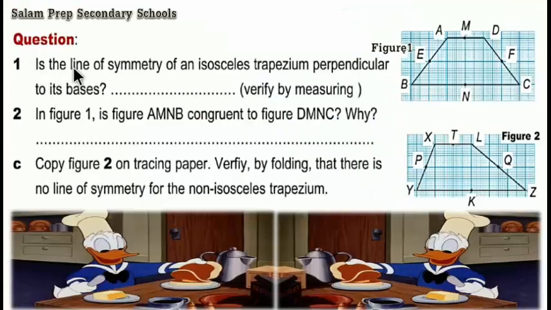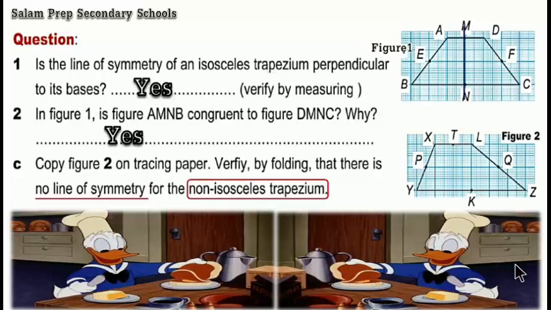Is the line of symmetry of an isosceles trapezium perpendicular to its bases? Excellent. Yes. Straight line MN is perpendicular on BC. You can verify by measuring using your protractor or set square.